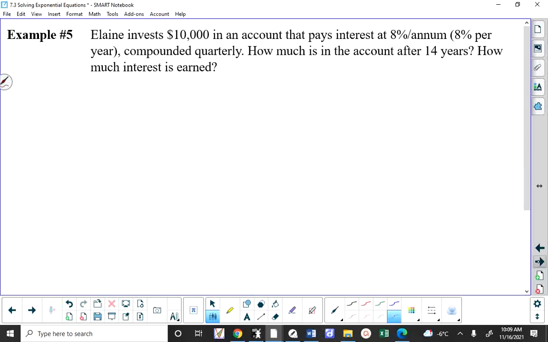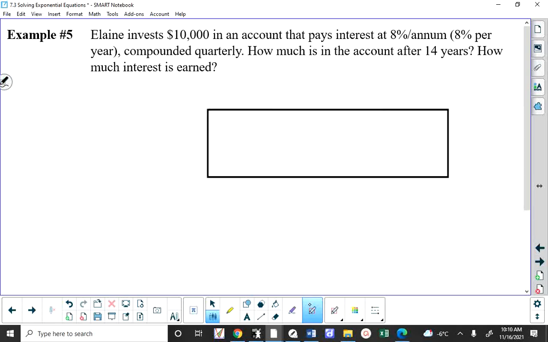Okay, example 5. Elaine also invests $10,000 into an account. Elaine's account is also 8% annually, but it says it's compounded quarterly. What does that mean? It means that when you take a look at an entire calendar year, she gets 8% per year, but compounded quarterly means it's split up into 4 pieces.